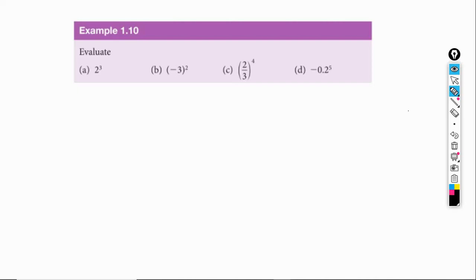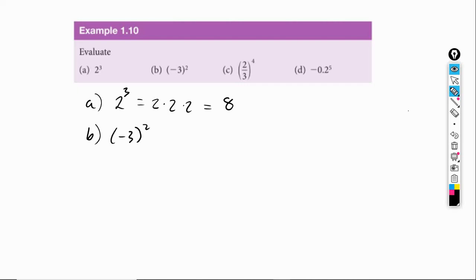Example A says 2 to the 3. Remember that this is simply 2 times 2 times 2, 3 times, which is 2 times 2, 4, times 2, 8. For B, they want us to find the answer to negative 3 squared.